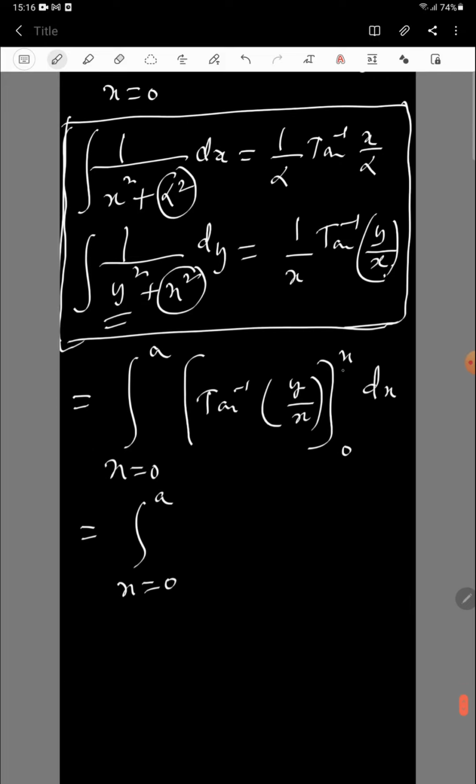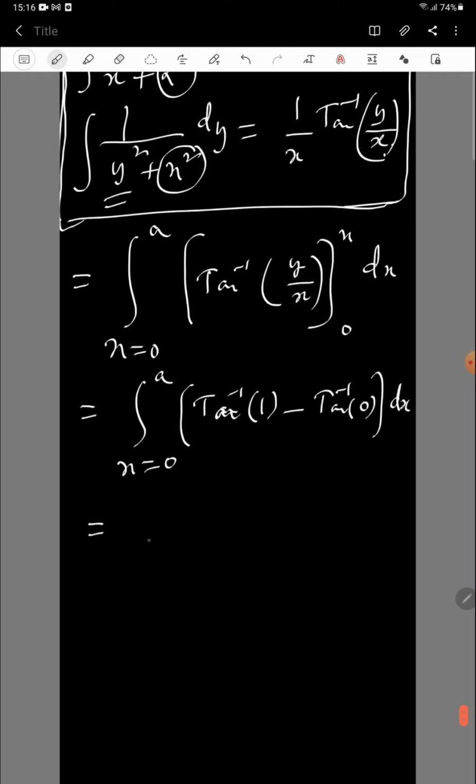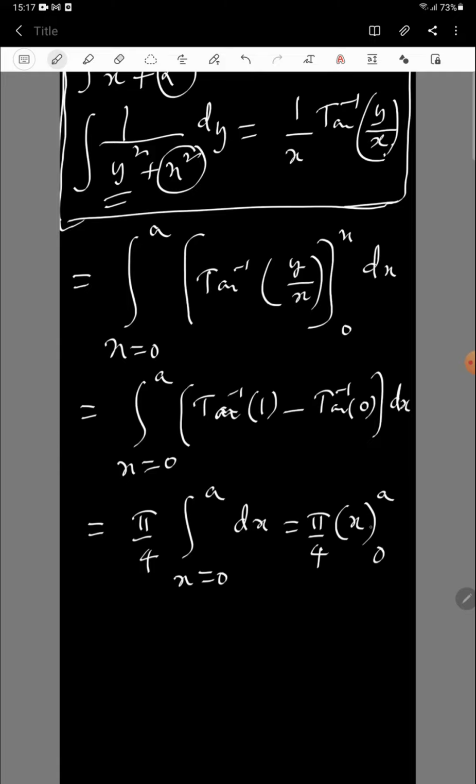When I substitute the upper limit as x, it will become tan inverse 1 minus, when I substitute 0 in the place of y, it will become tan inverse 0, this complete into dx. So tan inverse 1 is pi by 4. You all know tan inverse 0 is 0. So pi by 4 minus 0 is pi by 4. That pi by 4 comes out. Integral x is equal to 0 to a dx, that is just pi by 4. Integral dx is x. Limits are from 0 to a, that's equal to pi by 4 into a.